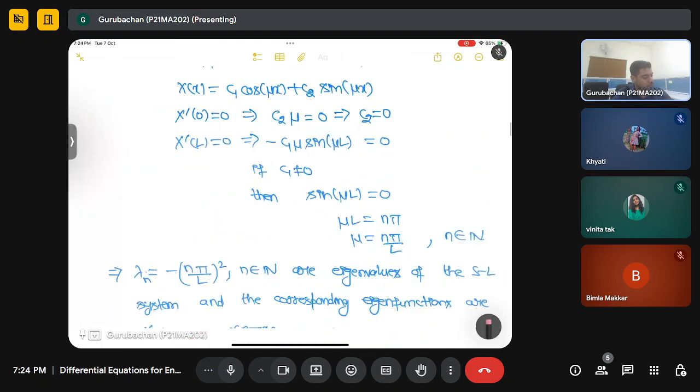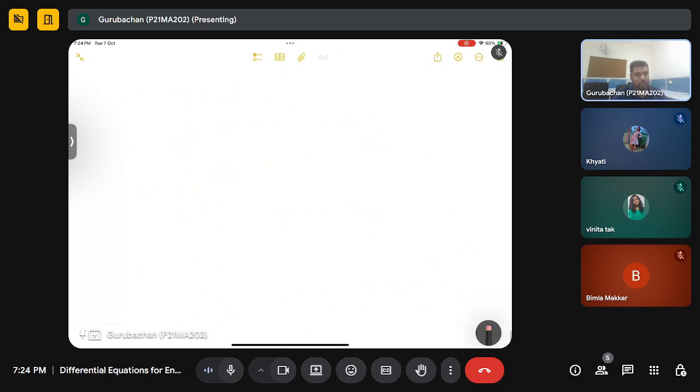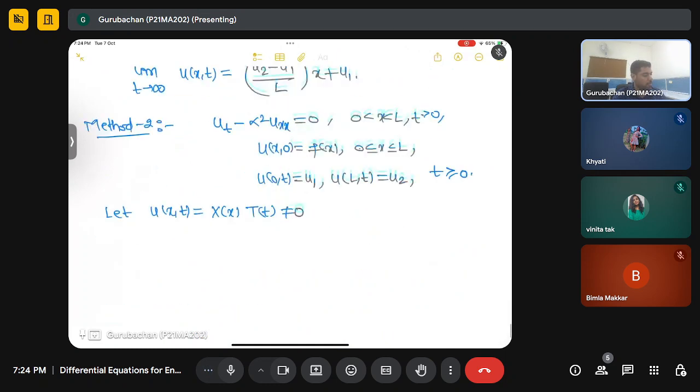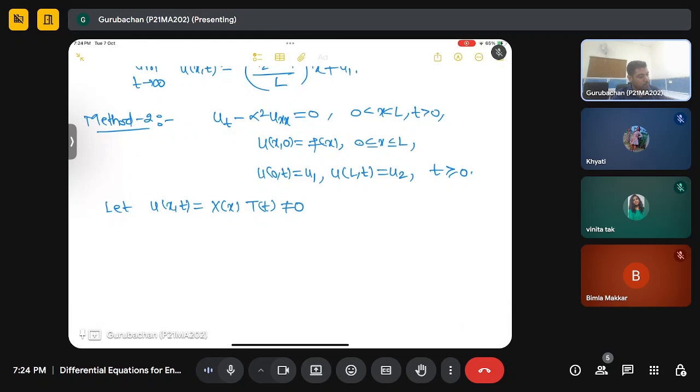This will give us the same kind of equation: X double dash of x divided by X of x, and T dash of t divided by alpha square T of t, is equal to some lambda.